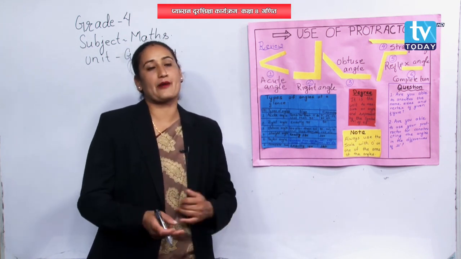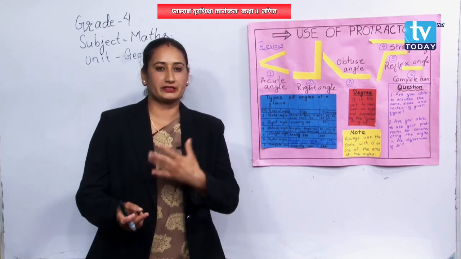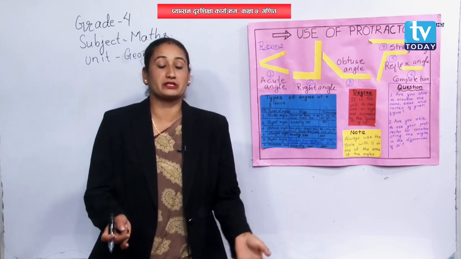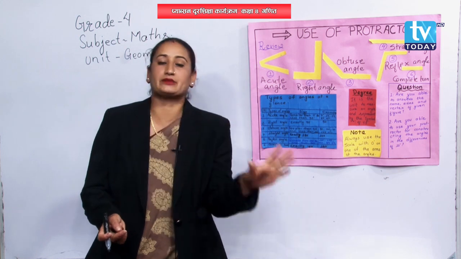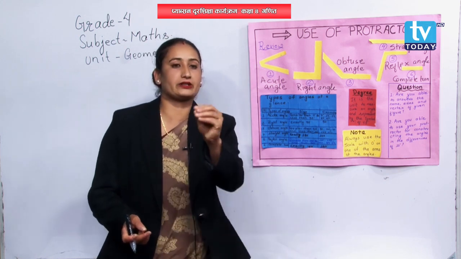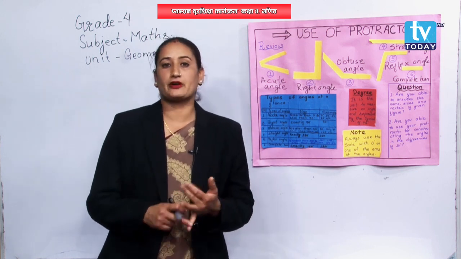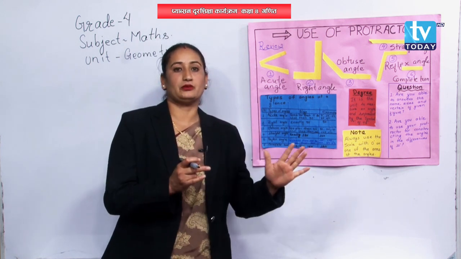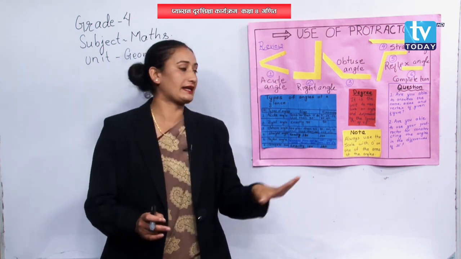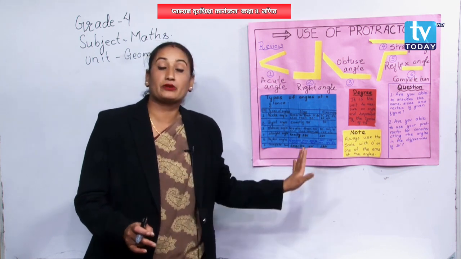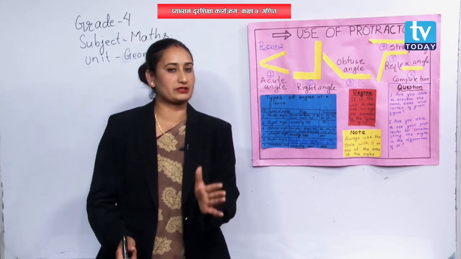We can give the examples 91, 92, 93, 94, 100, 120, 130, 135, whatever comes in the middle, up to 179. It doesn't matter, whatever number you want to give, you can give it. It must start from 91 and go up to 179. Those will be examples of the obtuse angle.